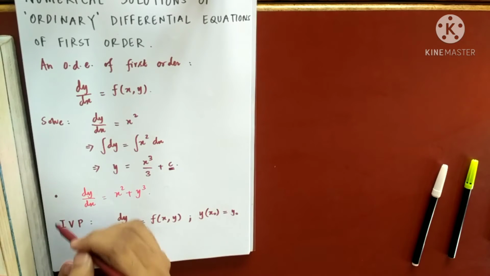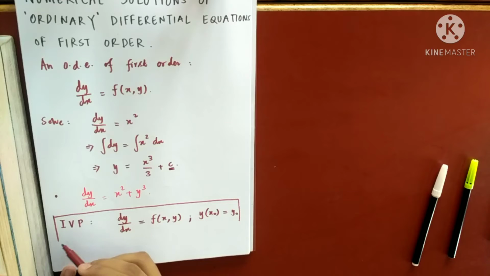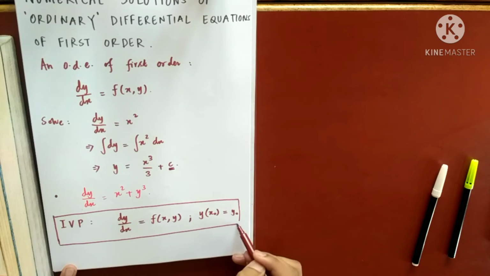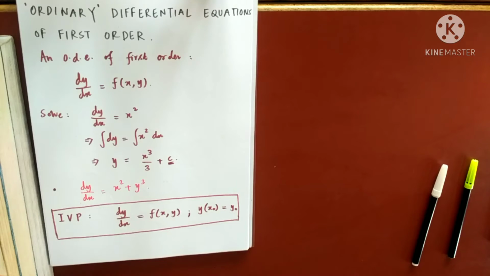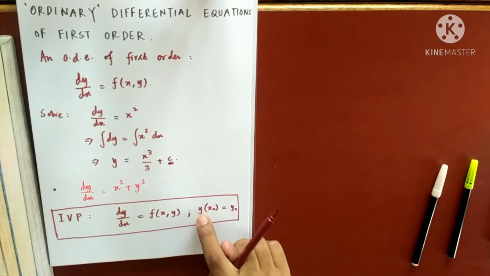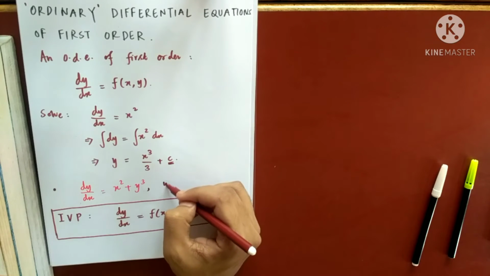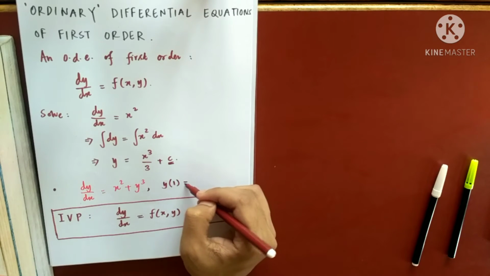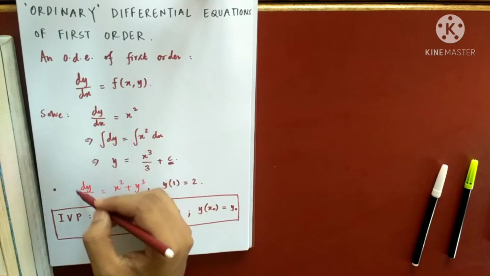So our aim is to find a solution of this kind of differential equations: dy/dx is some function of x, y, and given that y at some point is this. Like for example, I may ask you to find a solution given y(1) = 2.